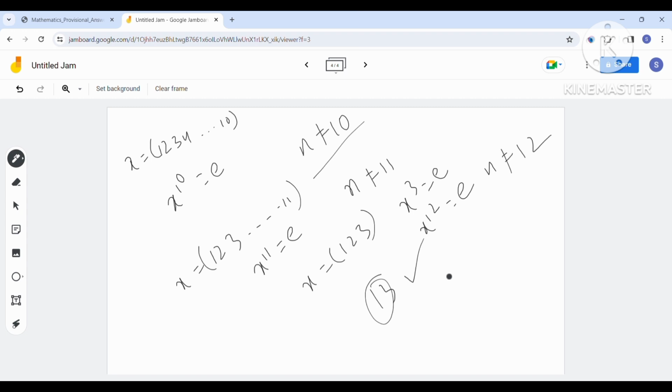So by just the discarding method, you can solve it. But I will ask you to think about it: why for every element x, x to the 13 and x are conjugate?